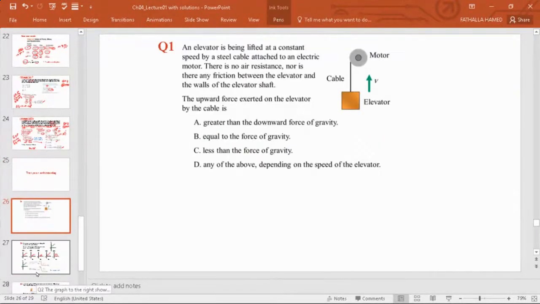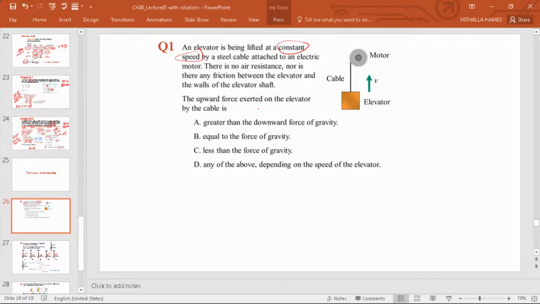Now we'll deal here with 3 questions where we try to discuss what we learned. The first question here: an elevator is being lifted at a constant speed with a steel cable, so pay attention here to a constant speed. A steel cable attached to an electrical motor. There is no air resistance, nor is there any friction between the elevator and the walls of the elevator shaft.